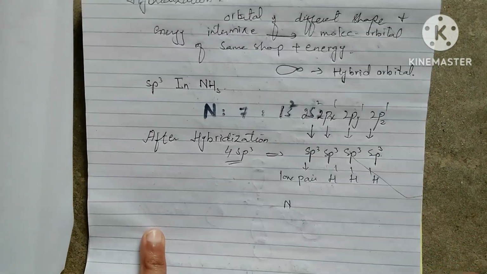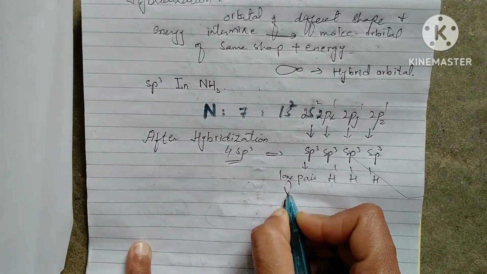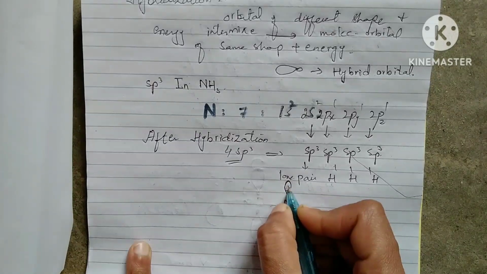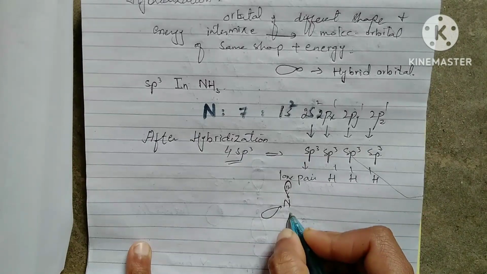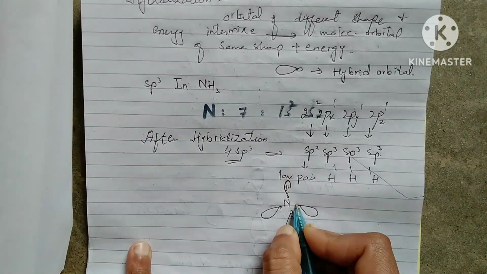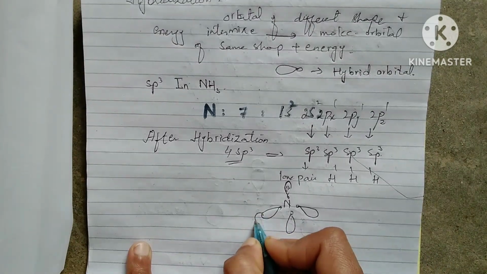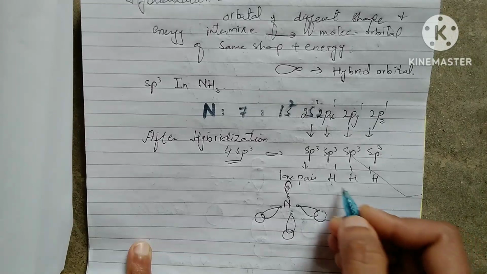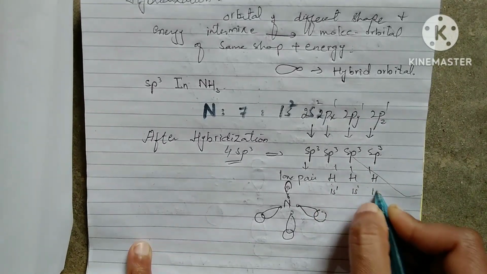Now the structure of nitrogen, if we draw it: this will be the lone pair orbital and these will be the sp3 orbitals, one for each hydrogen atom, as each hydrogen has the atomic configuration 1s1.